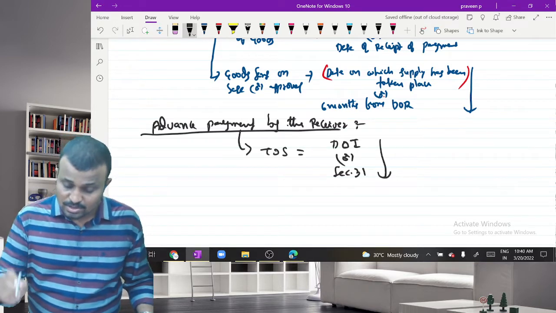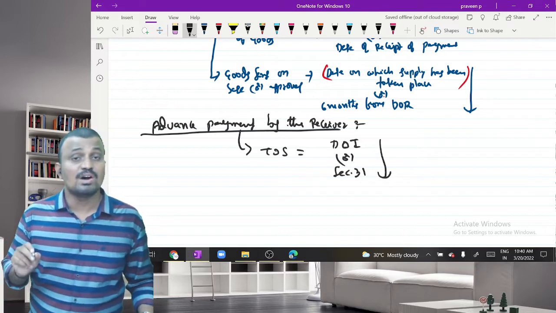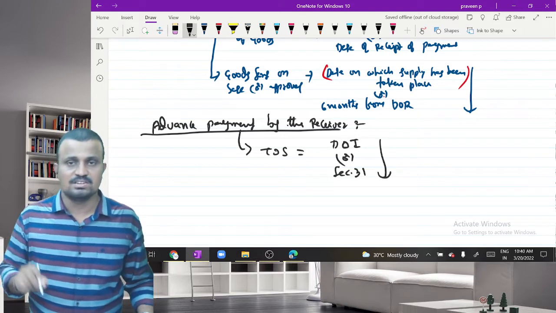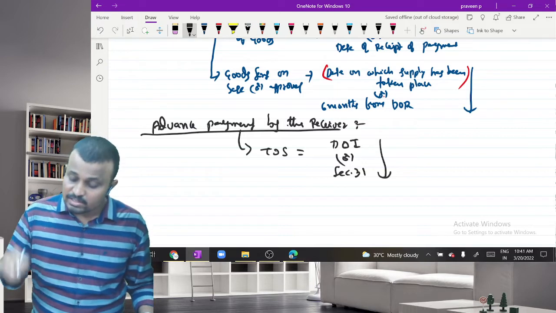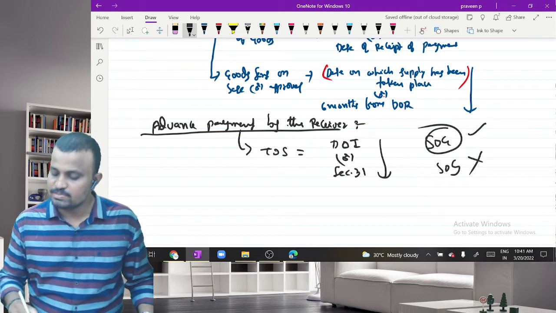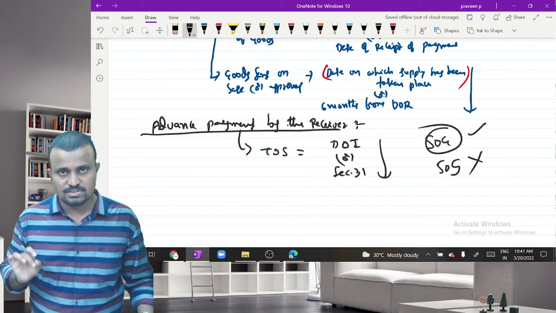So remember, this provision is applied only in case of advance payment by the receiver under forward charge mechanism. In case of others, this provision is not applied. And that too, it is applied only in case of supply of goods, not under supply of services. Clear?